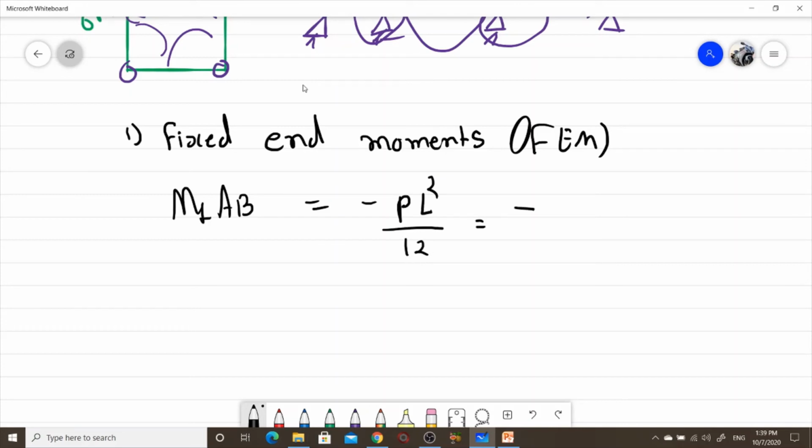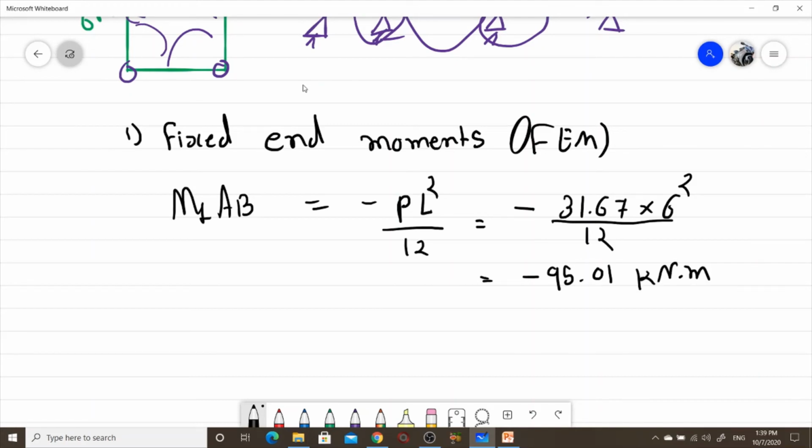So the value is minus 31.67 into 6 whole square divided by 12, which is minus 95.01 kilonewton meter, MFAB.